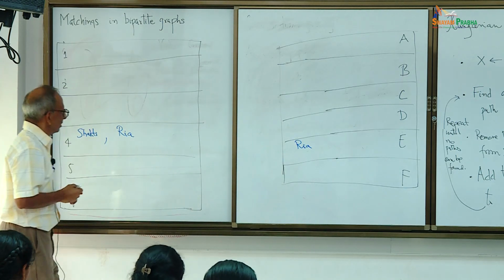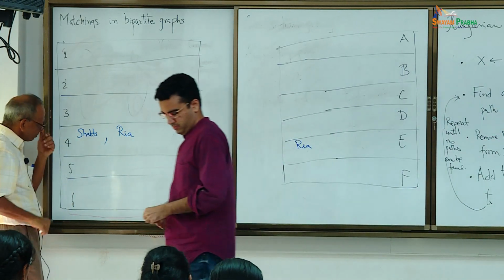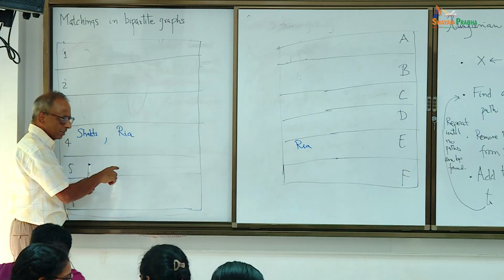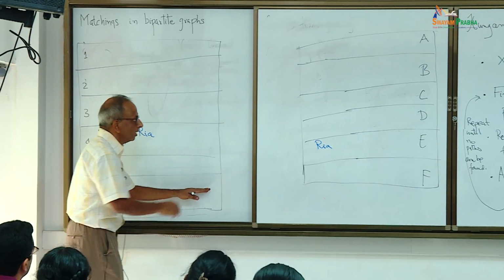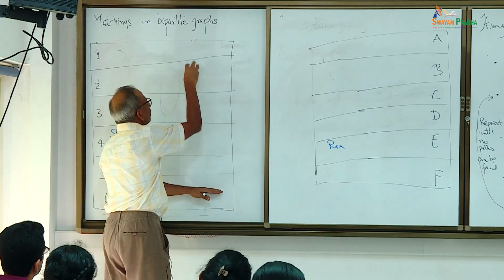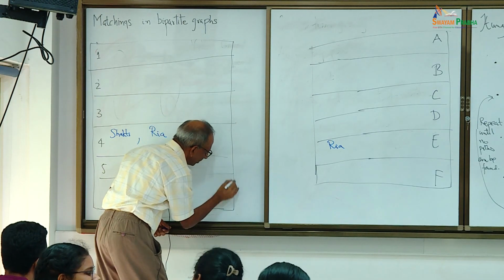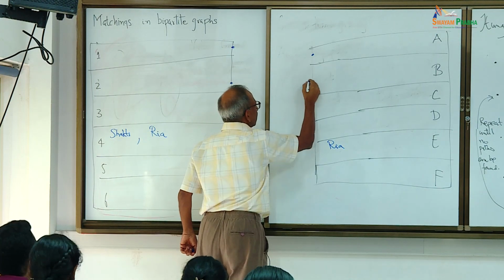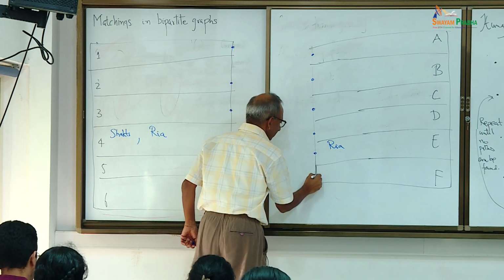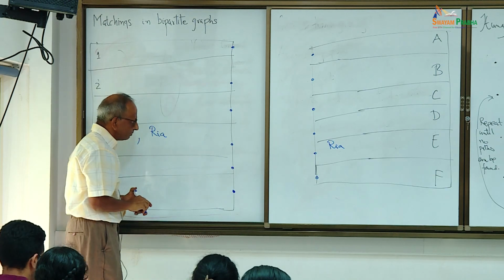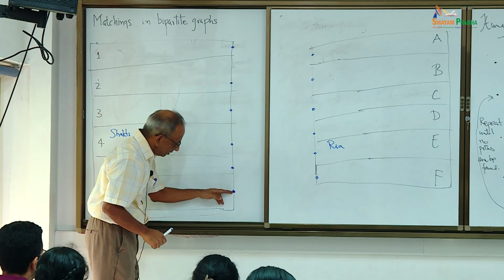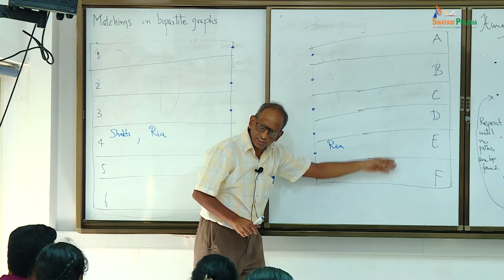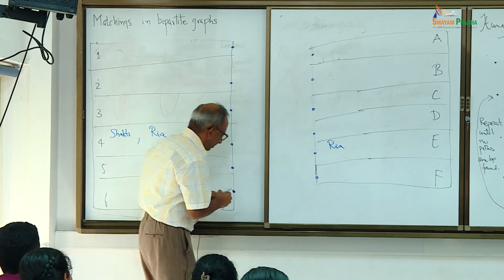My idea is this. For every person, if the person belongs to this group here and that group here, so these you think of as your vertices. Now look at everybody here and find out where they are in this table.